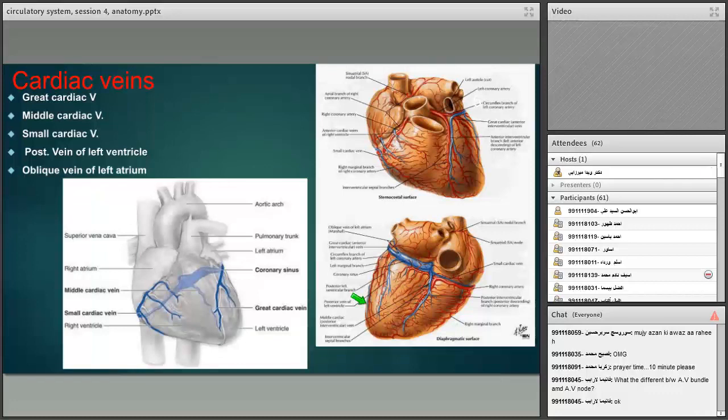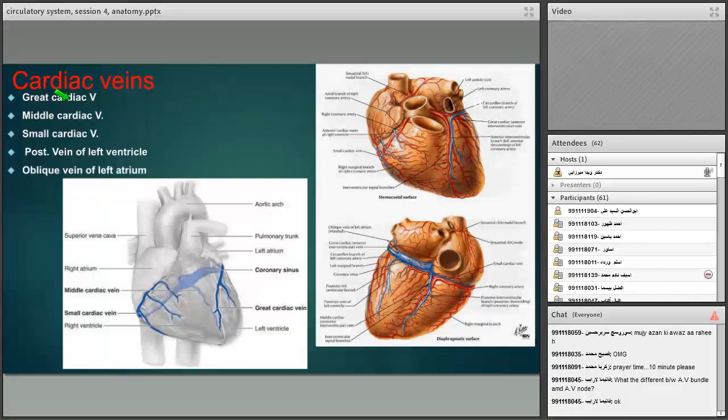The vein which is placed in the anterior interventricular sulcus and is beside the LAD branch is called the great cardiac vein. The great cardiac vein, okay? It is placed on the anterior interventricular septum, and it is beside the anterior interventricular artery or LAD.